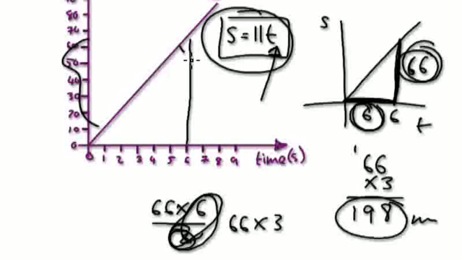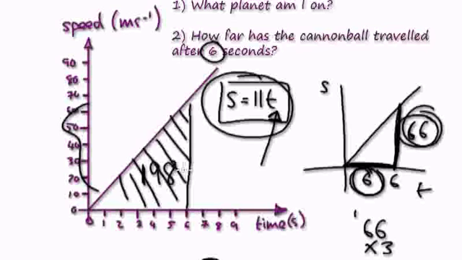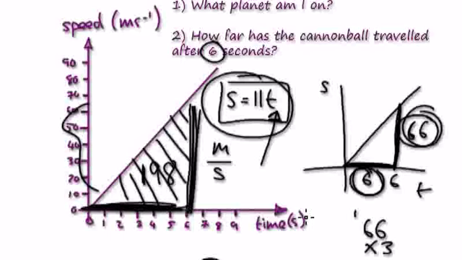So the distance traveled after 6 seconds is the area underneath this speed time graph, and the area here is 198. Okay, 198 what? Elephants, bananas, oranges, or what? Well, if you look at the up and down here, it's meters per second, and then you times it by seconds here. So this gets multiplied to the top.